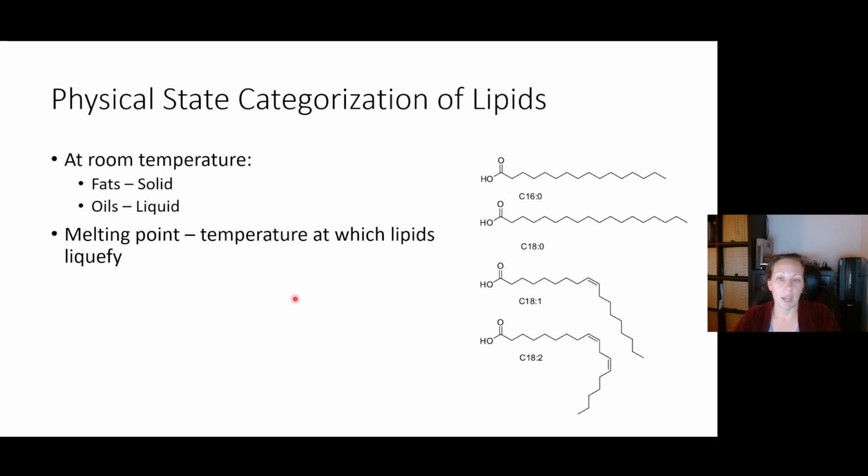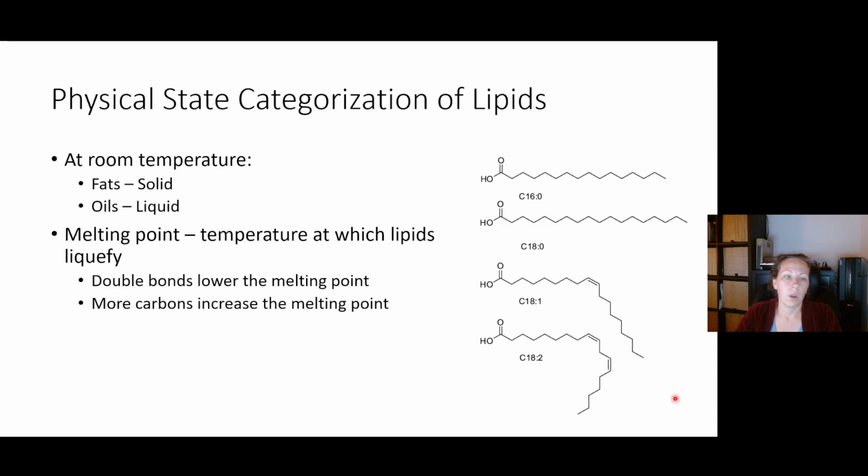Now, I've already kind of talked about this, is that double bonds are going to lower the melting point. They're going to be liquid at a lower temperature than a molecule that does not have a double bond. Also, having more carbons will increase the melting point. And you just have to think about that image that I told you of molecules tumbling over each other.